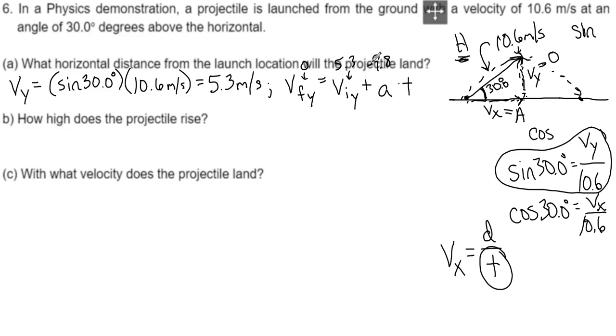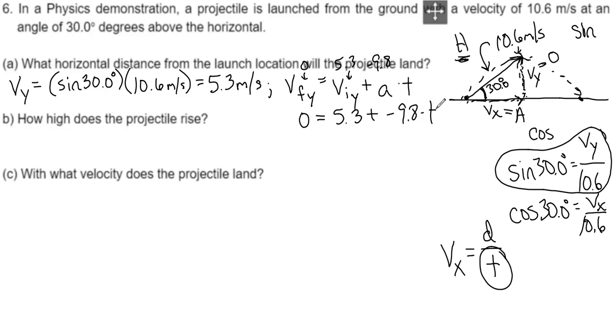So I just need to remember that when I'm going through and calculating everything. If my final velocity is 0, I'll go ahead and plug everything in: 0 equals 5.3 plus negative 9.8 times t.